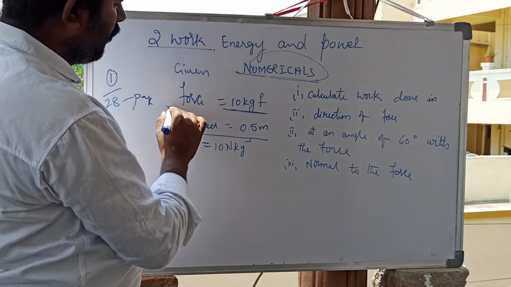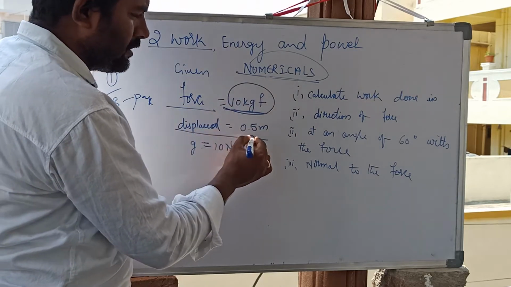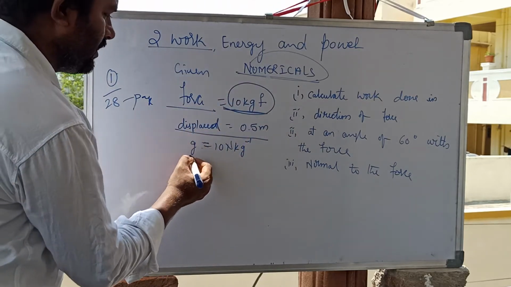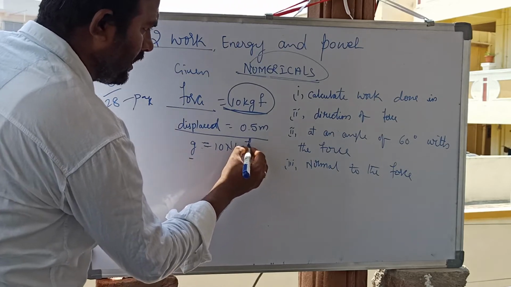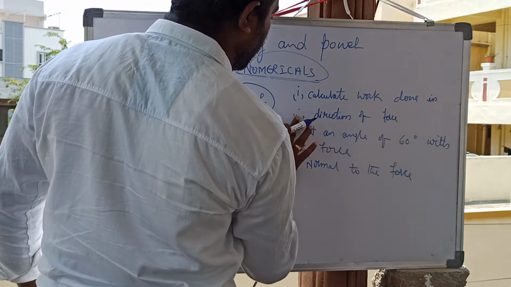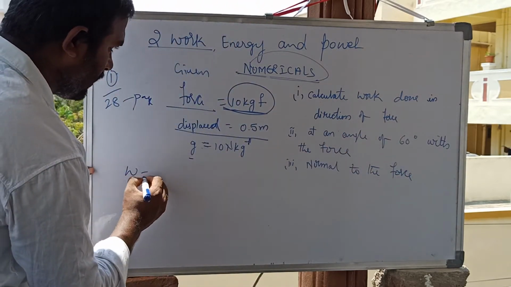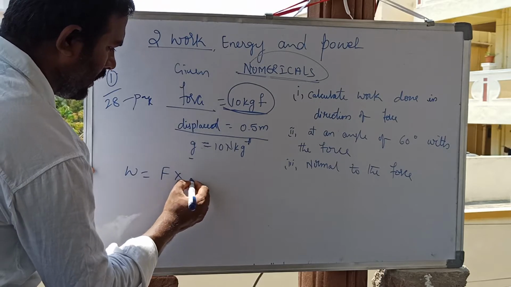Given that when a force of 10 kg force is applied, the body is displaced 0.5 meters. g is given as 10 newtons per kg. First, they are asking to calculate the work done in the direction of the force. Work done is equal to force into distance.